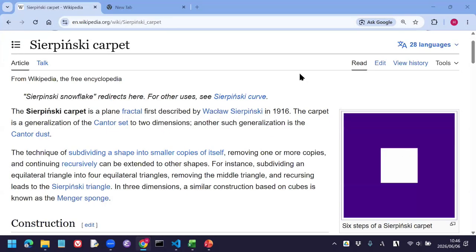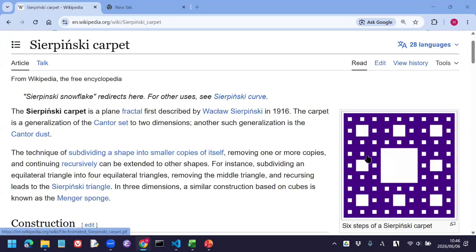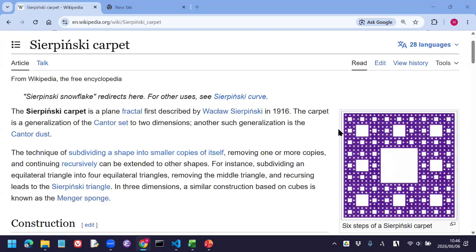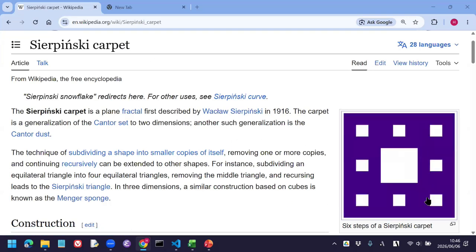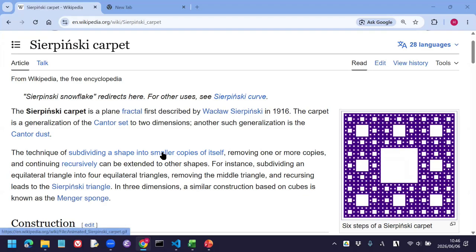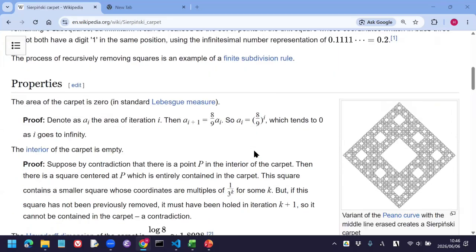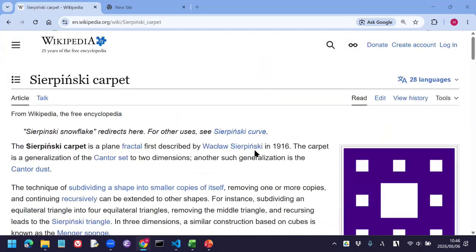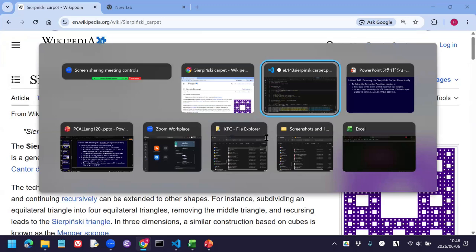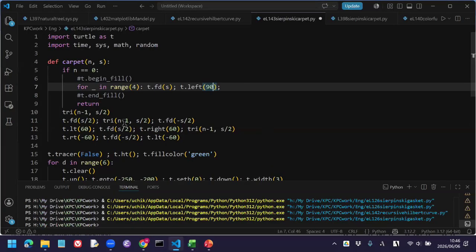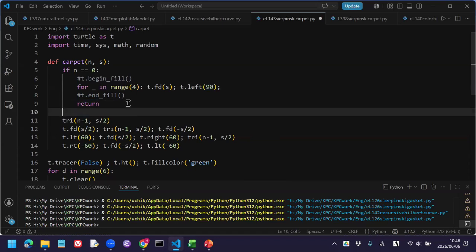Just going further, let's see what a Sierpiński carpet is like. We start from this and go like this, just like the Sierpiński triangle. So let's go back to the code and see what we should do. First we should define S3 as S over 3, because we use it so many times.